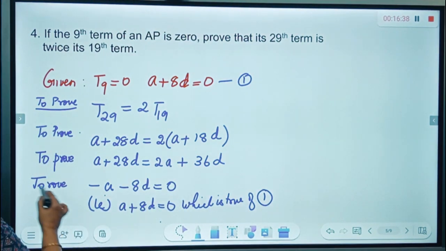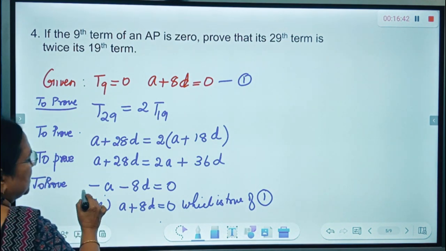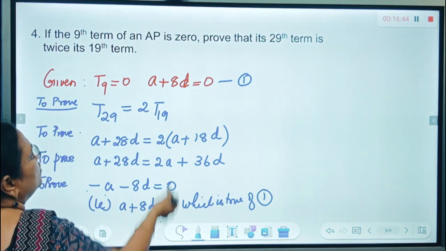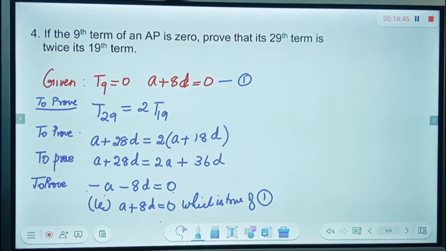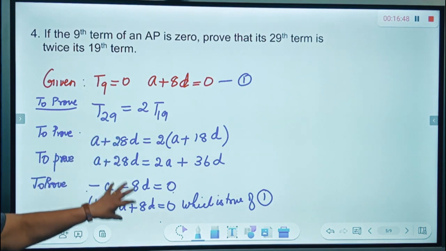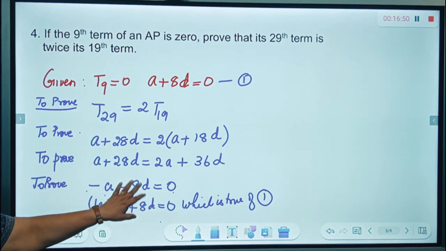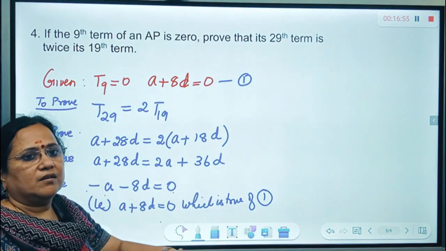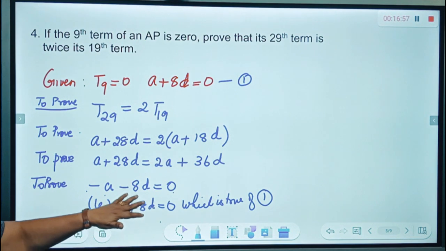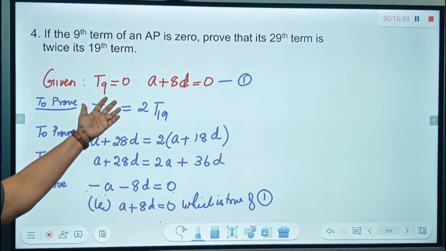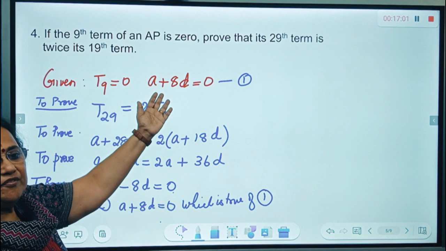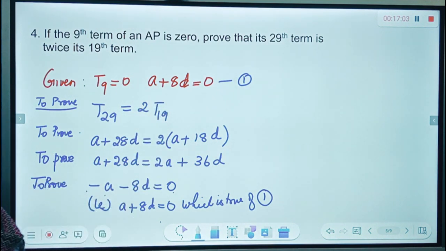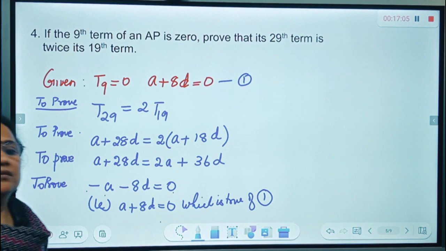In other words, I have to prove minus a minus 8d equal to 0, which is true from what is given to us. I have simplified what I need to prove, and it follows from the given fact, which is a plus 8d.